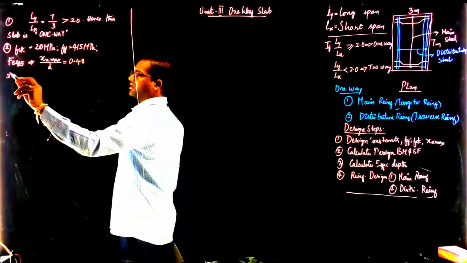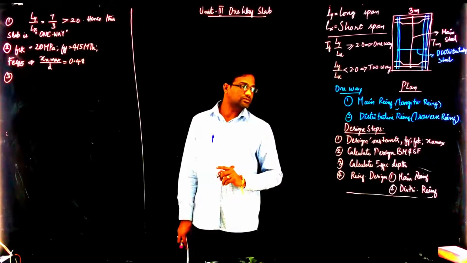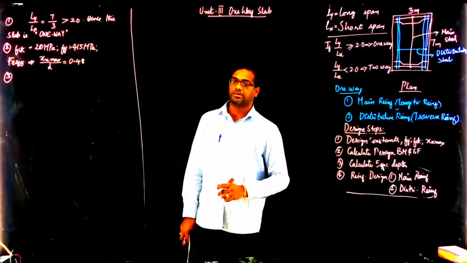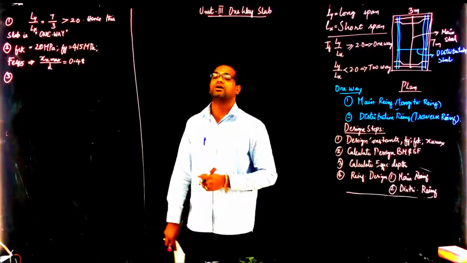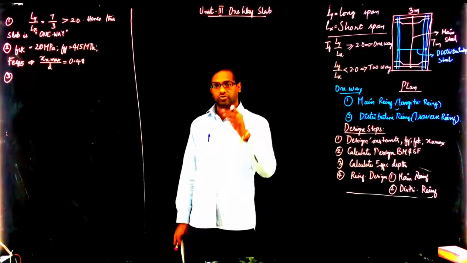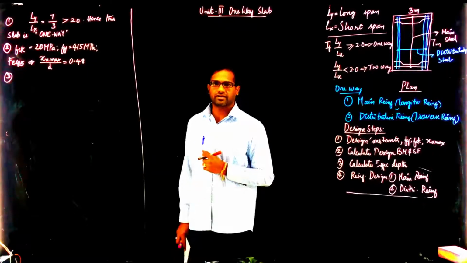Now, the third thing you need to do is calculate the design bending moment and shear force. In order to do that, you need to do the loading calculation: how much load the slab is actually carrying. Before calculating the load, you need to calculate the dead load, and without knowing the depth you cannot calculate the dead load.